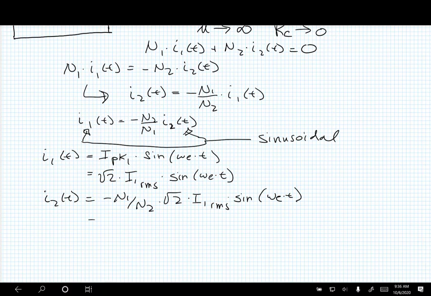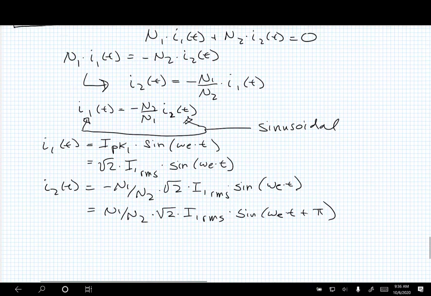That's also the same thing as N1 over N2 square root of 2 I1 RMS sine of omega e t plus a pi offset.